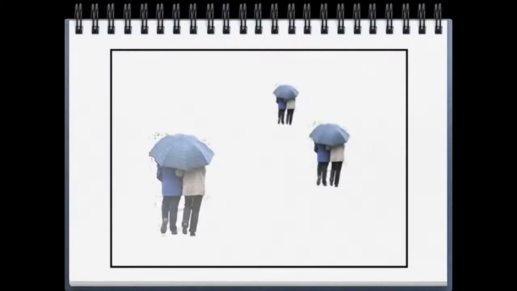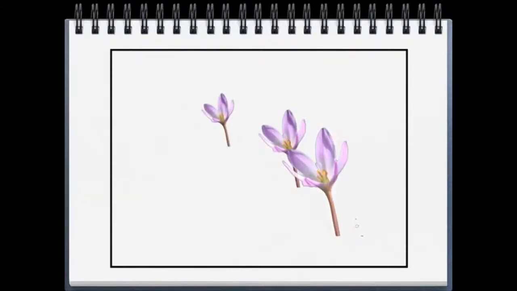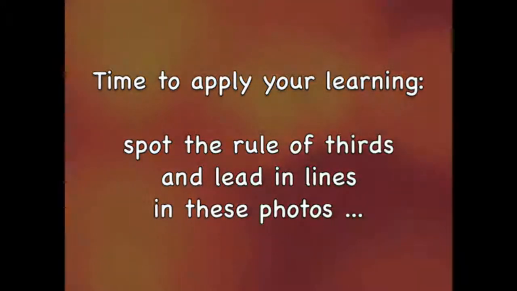This could be roads, lines of trees, flowers, people, rocks, anything that forms a pattern across the scene that you are taking. So let's see if you can apply the rule of thirds and lead-in lines to some photographs I've taken.